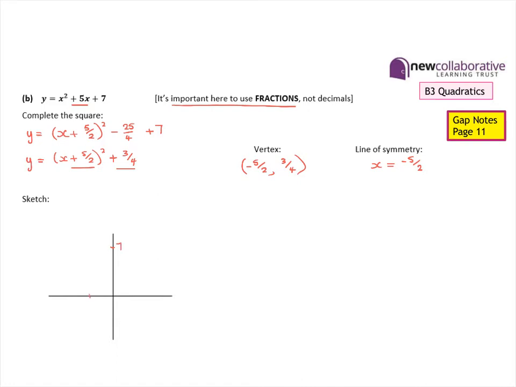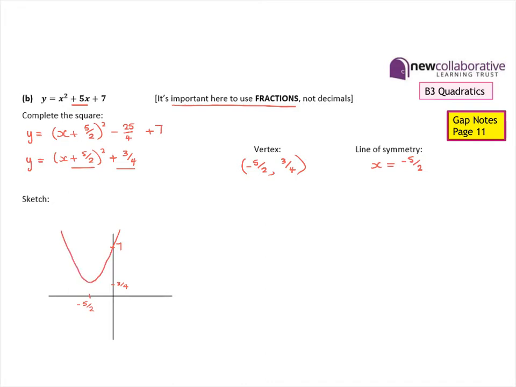And if we just label the points for our vertex, x coordinate negative 5 over 2, y coordinate 3 over 4, that's going to produce a U-shaped quadratic graph because the coefficient of x squared is positive. And if we draw that in, that's going to look like that.